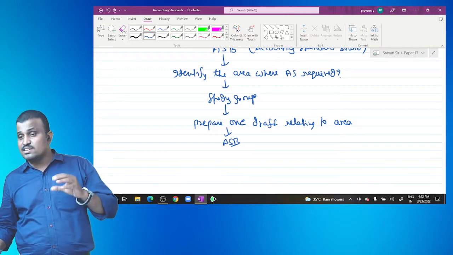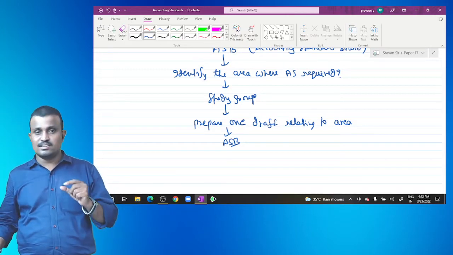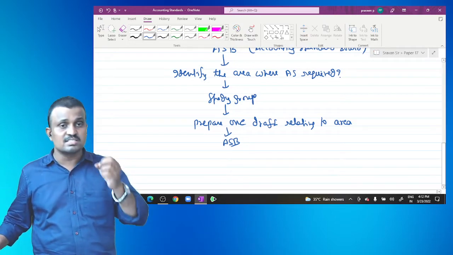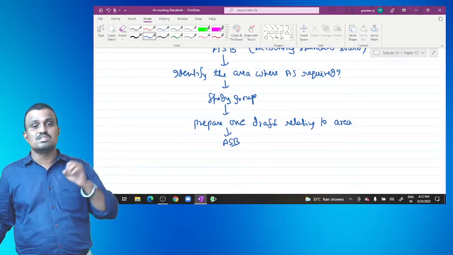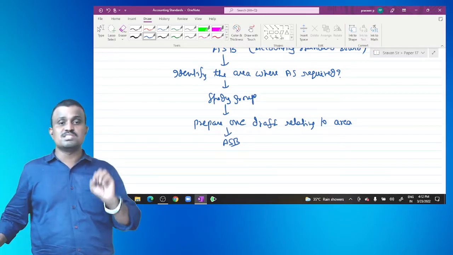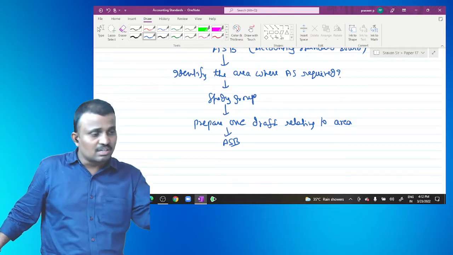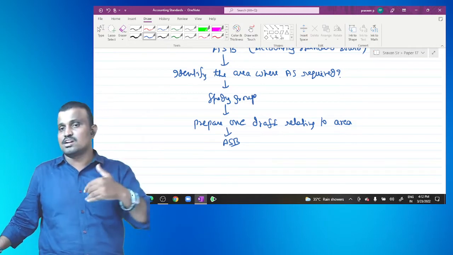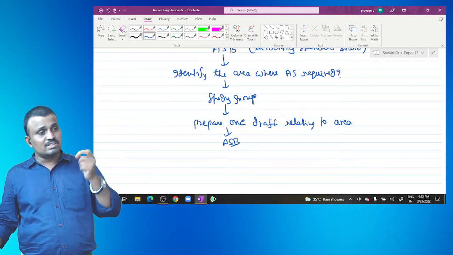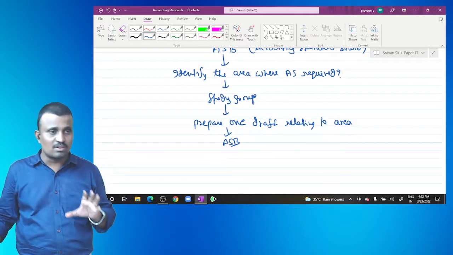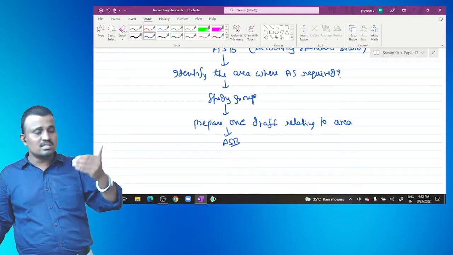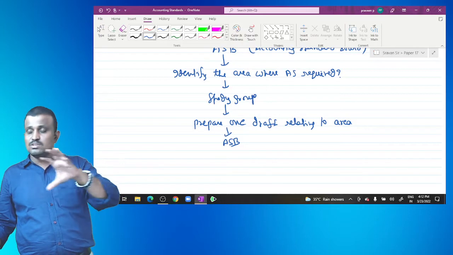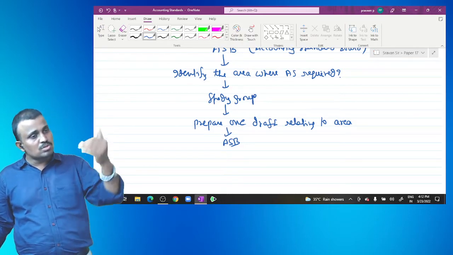Then the Accounting Standards Board finalizes the draft and issues it to the members of various industries, accepting comments on the draft: whether the data available in the draft is correct or wrong, whether it is useful or not, and whether the policies followed in the draft are in compliance with all industries or not. Those are considered.